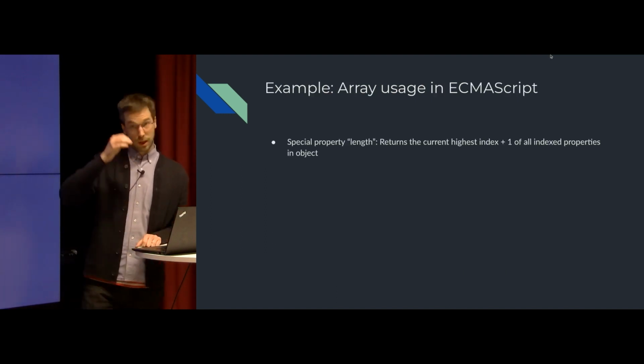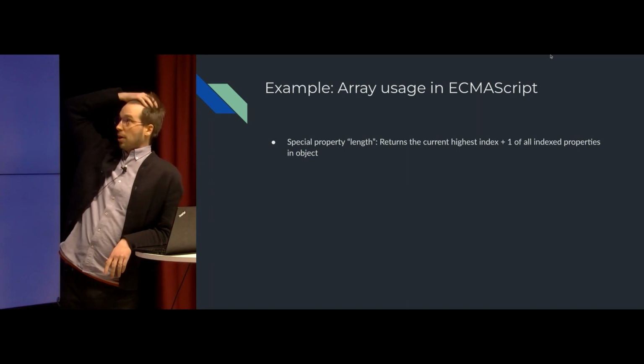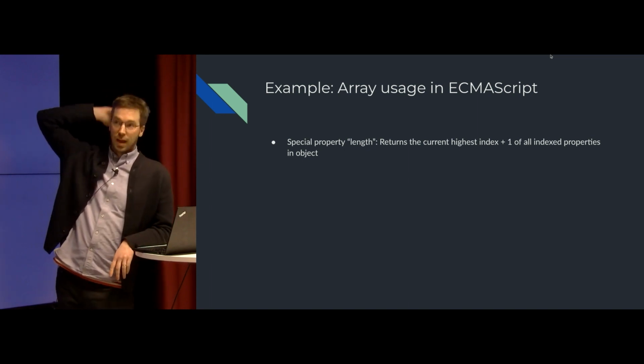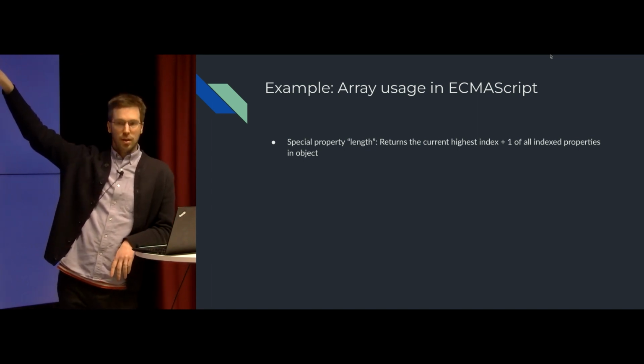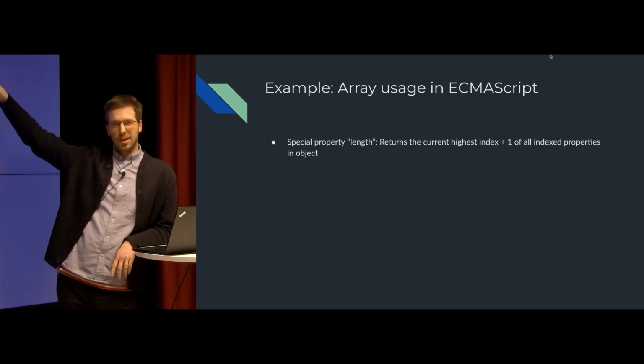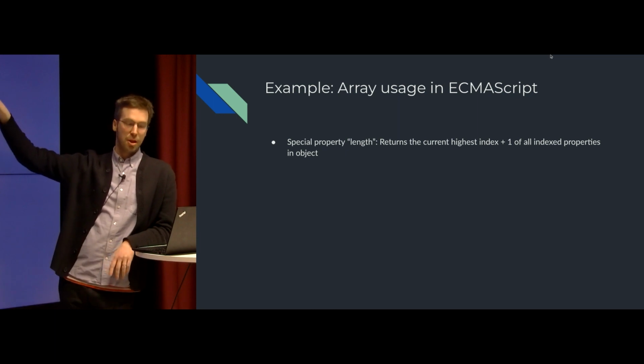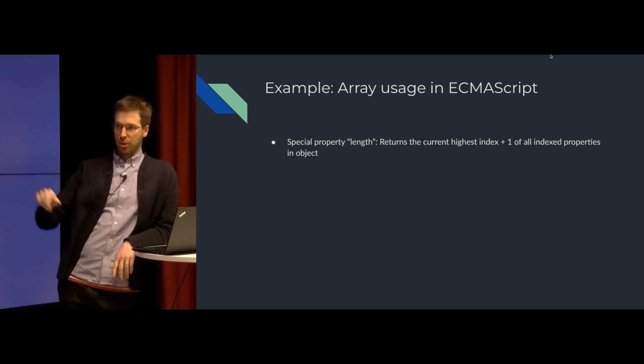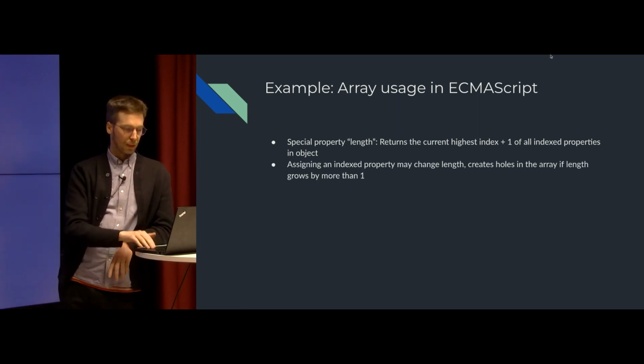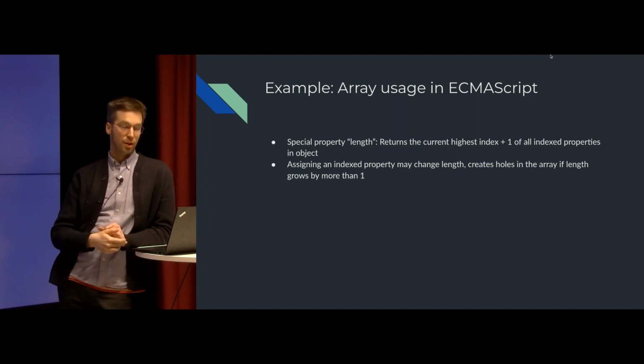So, example usage of an array in ECMAScript. They have a special property called length. It returns, this is not quite true, but this is close enough, the current highest index plus 1 of all index properties in the object. And if you assign an index, then the length may change.